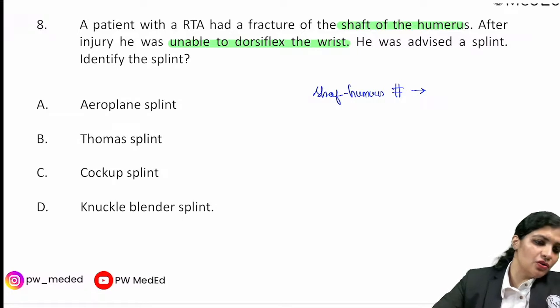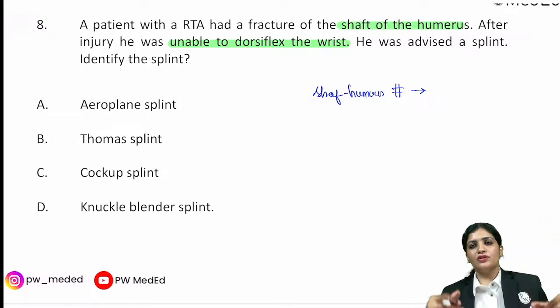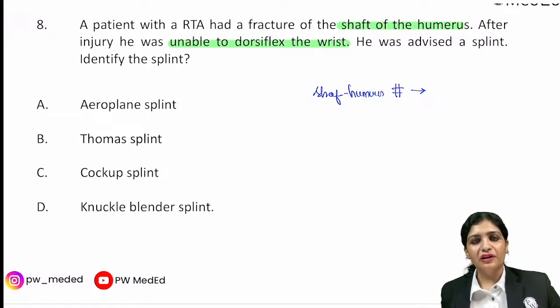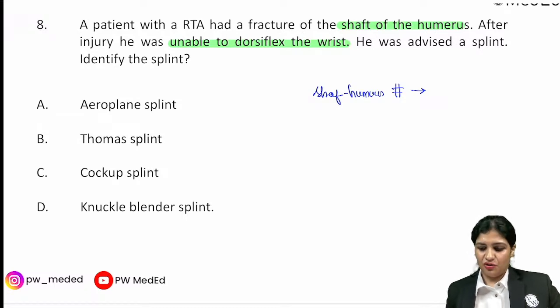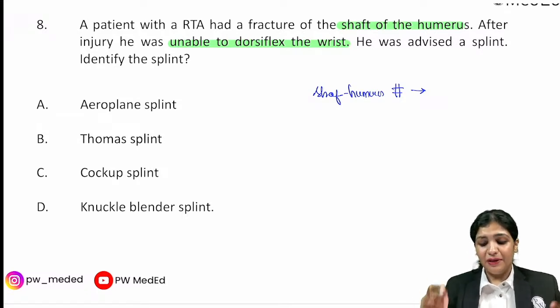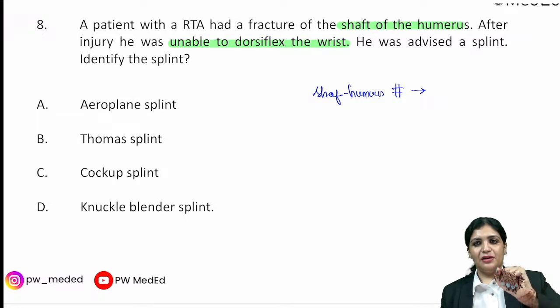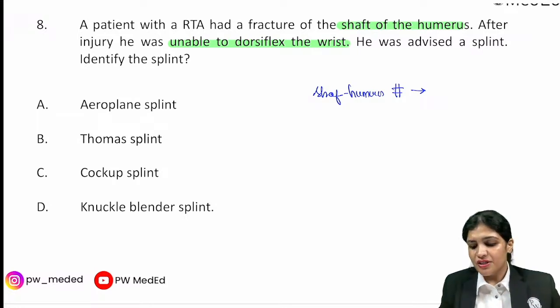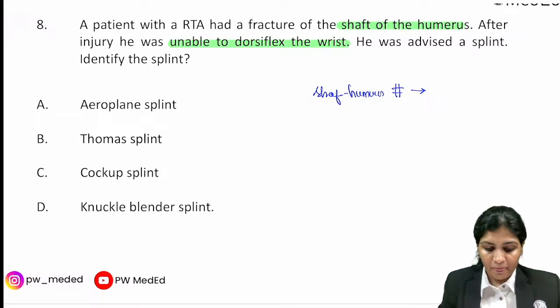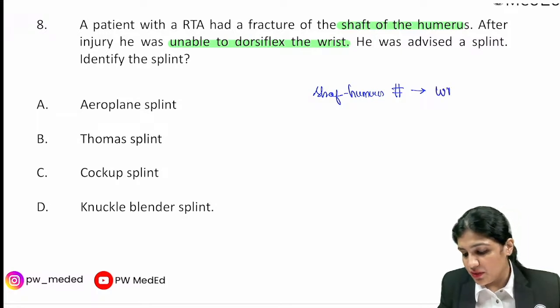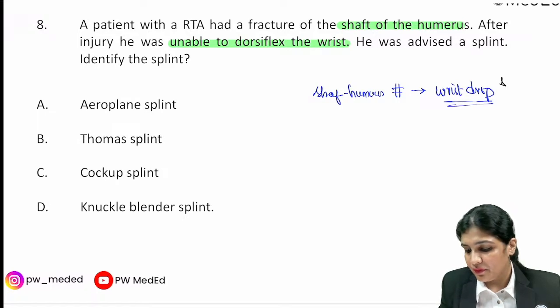What is the action of the wrist joint? It causes the extension. It is important for the extension of the wrist and extension of the fingers. Here the patient is unable to dorsiflex the wrist, that means he is presenting with wrist drop. So shaft humerus with wrist drop is very classical, right?